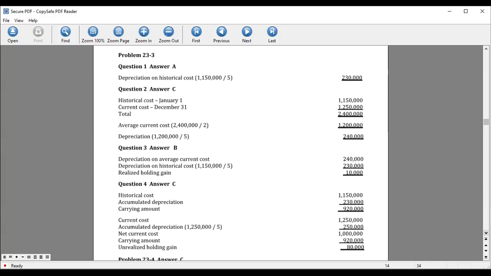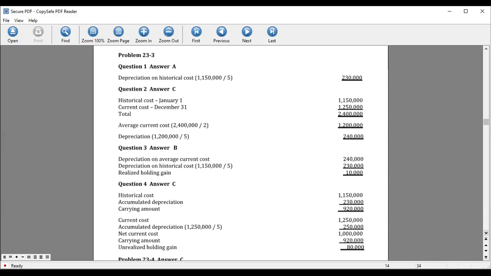So the depreciation on the average current cost is 240,000. That's letter C. The realized holding gain on the equipment for 2020 is taken by comparing the depreciation on average current cost and on historical cost. We have the realized holding gain of 10,000. It's already realized because depreciation is already expensed.